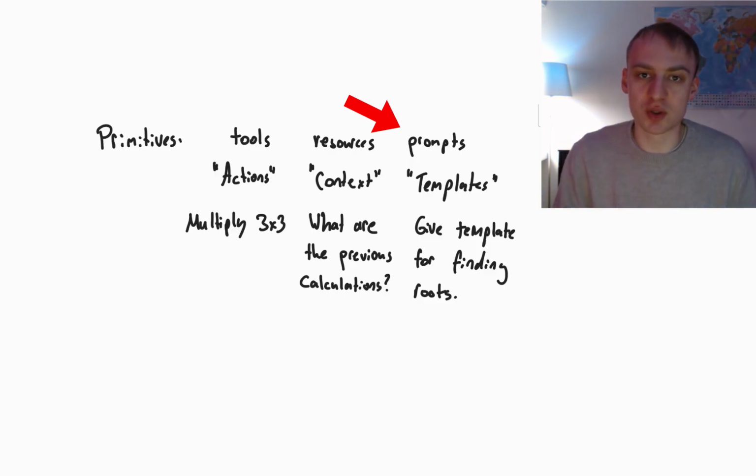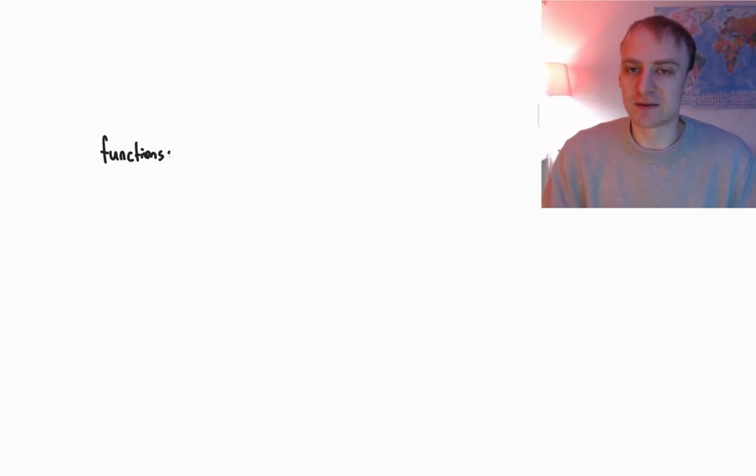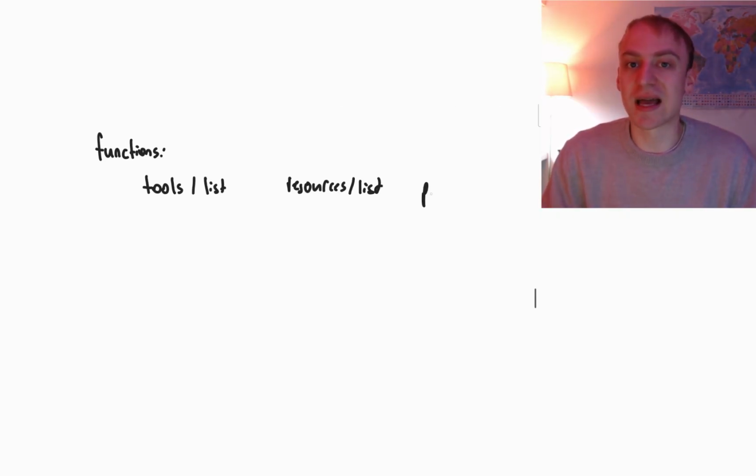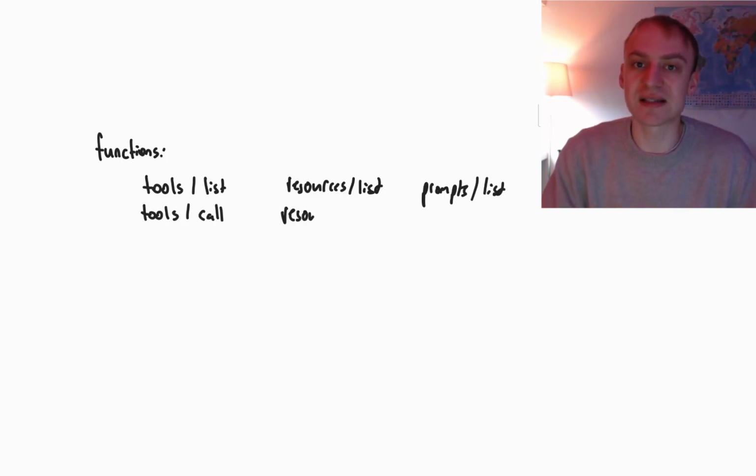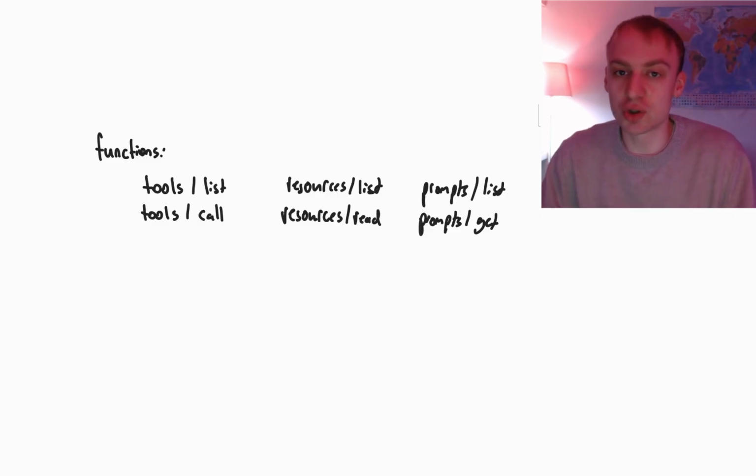Basically, we use prompts to account for complex repetitive workflows. All these primitives have associated functions like tools/list, resources/list, and prompts/list to allow the client to discover available primitives. Tools/call, resources/read, and prompts/get are used to actually trigger the tool or retrieve the resource or prompt template.